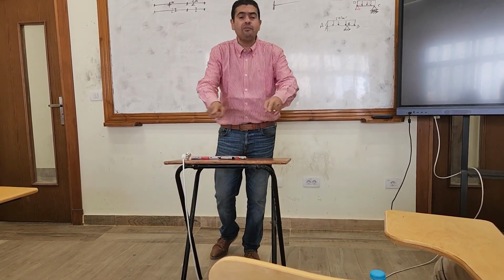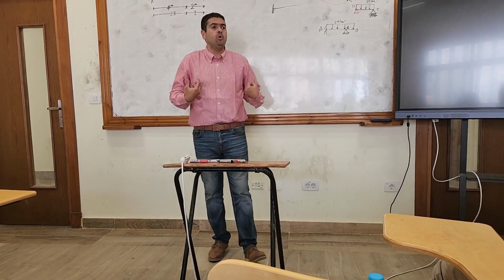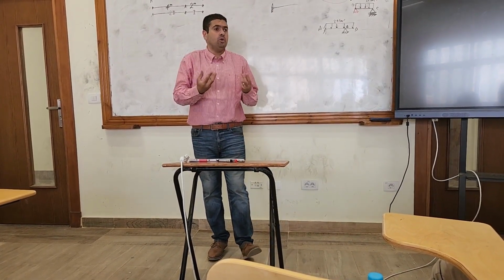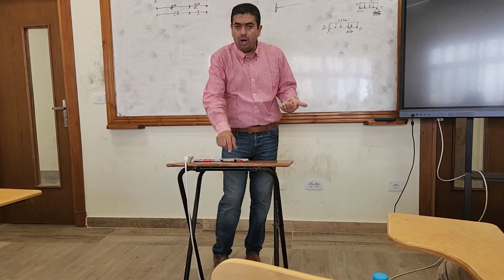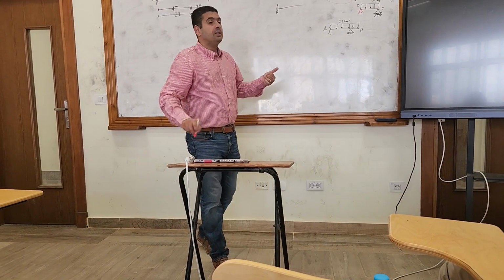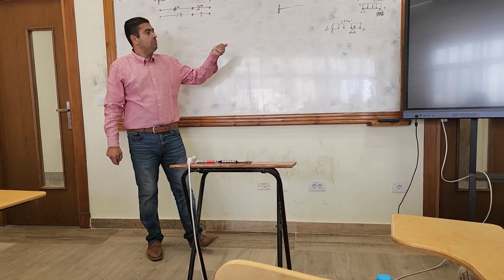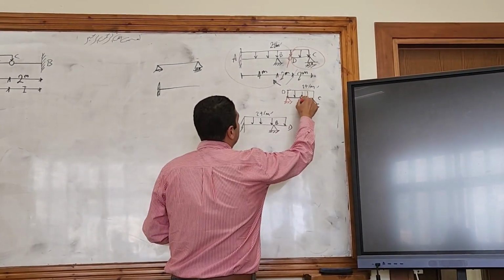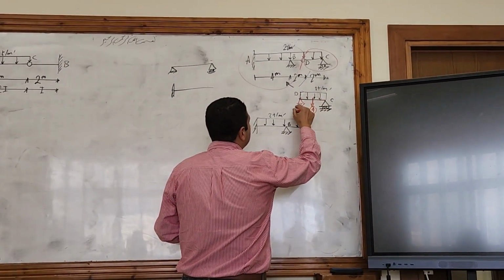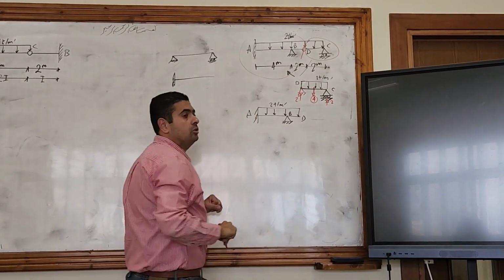So I can't solve the main beam before I know how much load the secondary beam will give to it. So that's why I calculate the secondary beam first. So here it's 2 times 2 equals 4. So the reaction here is 2 and here is 2.